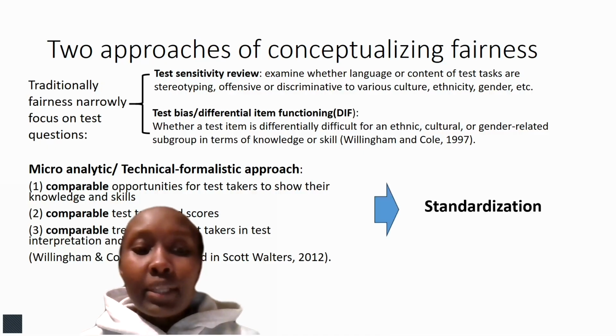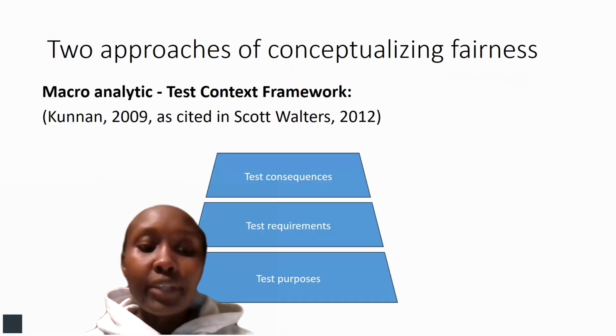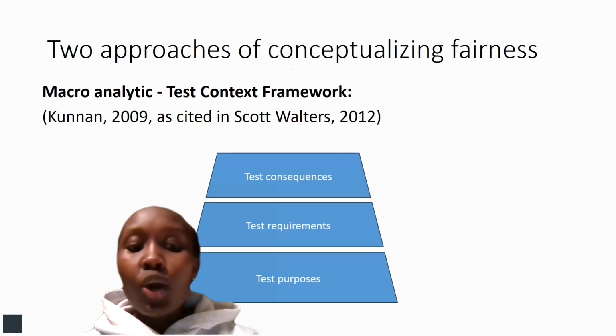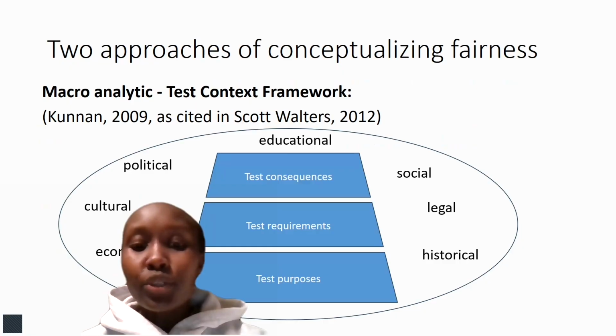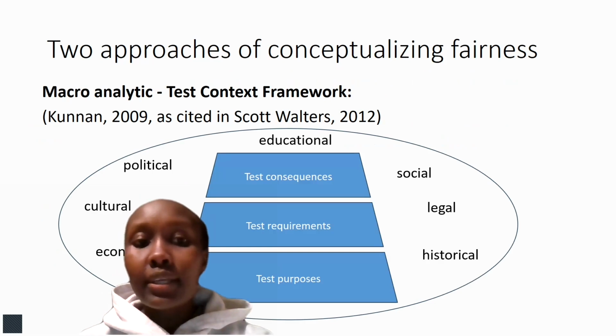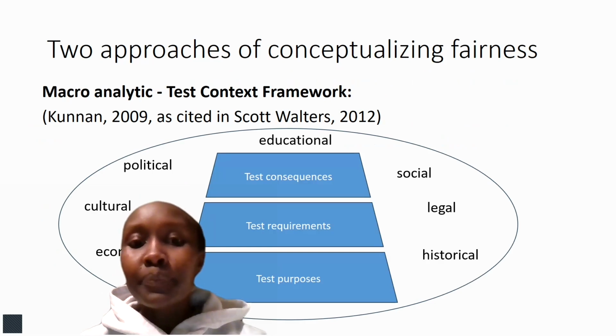Broadly, the test contextual framework looks at fairness through a macro lens, considering political, cultural, social and economic factors, as well as the consequences of testing, as shown in the diagram.